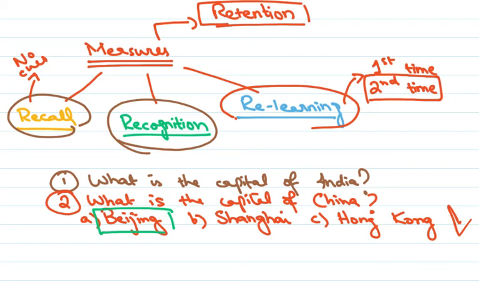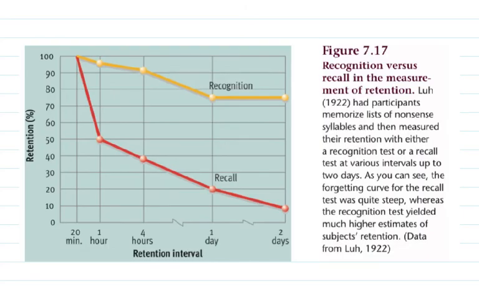What you find is that recognition measures are mostly best at checking for retention. You see this here in a variation of the original experiment conducted by Ebbinghaus. Researchers had participants learn a list of nonsense syllables, and then tested them through either recognition or recall measures of retention.